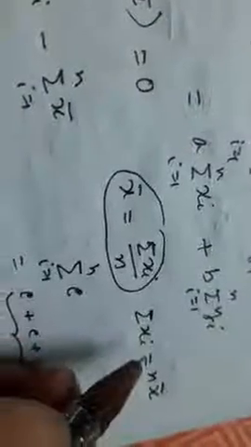Putting this in the equation, we get summation xi, i equals 1 to n, minus n x bar. So from this we can get that summation xi is equal to n x bar.